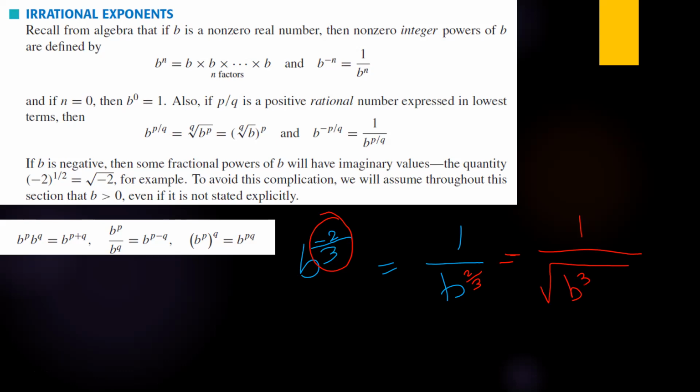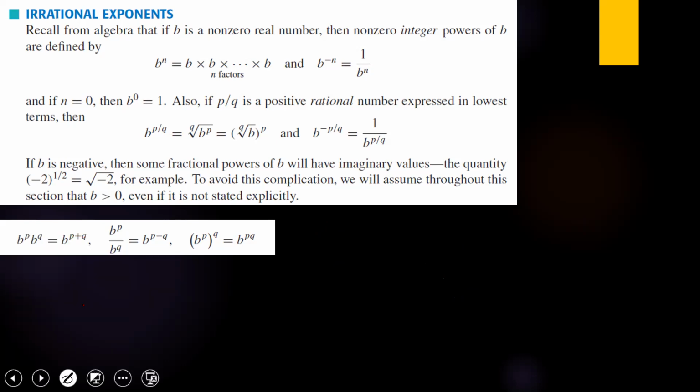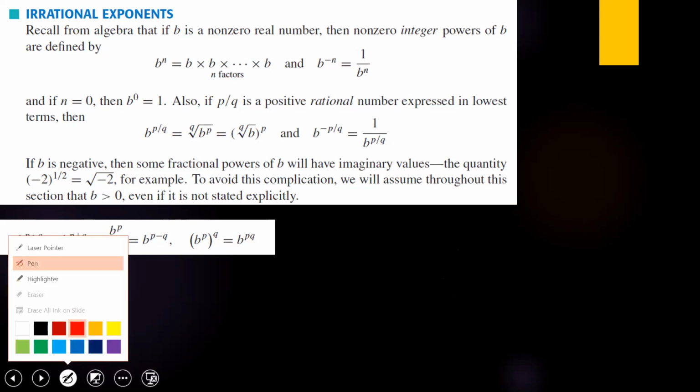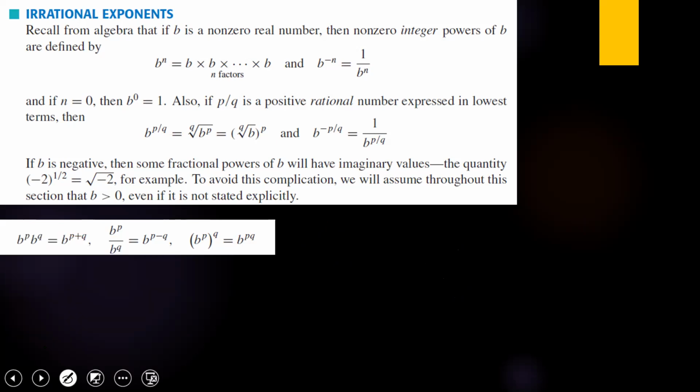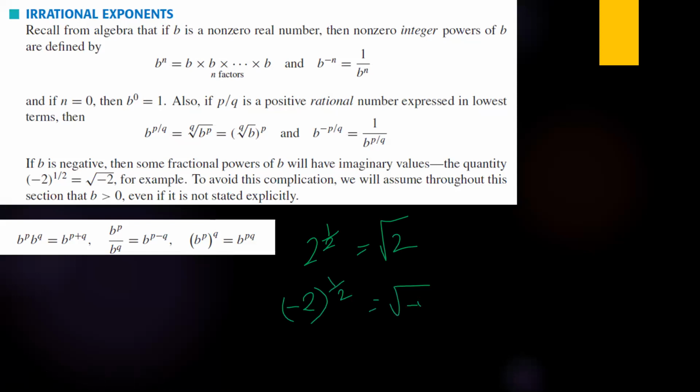And then also, all of us know that the square root is only for positive numbers. But if we have 2 to the power half, it will be the square root of 2. But if we have negative 2 to the power half, it will be the square root of negative 2.